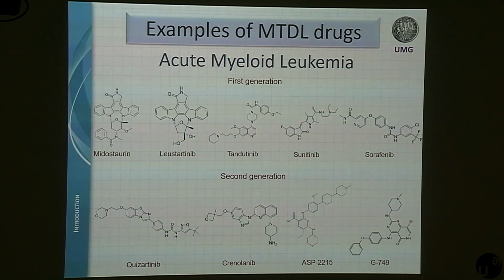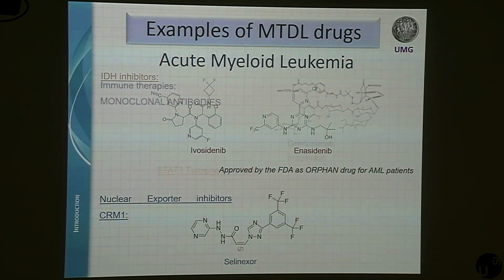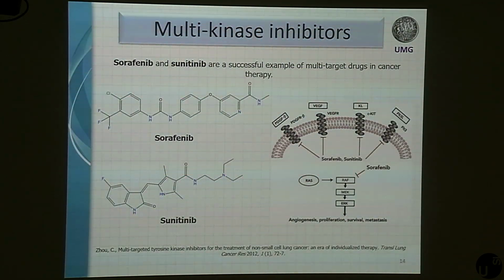So we had a lot of examples of other compounds, unrelated in terms of chemistry to the first set of agents. And among them, I just want to point your attention to a couple of active molecules, sorafenib and sunitinib, that are, in our mind, probably the most successful examples of multi-target drugs.